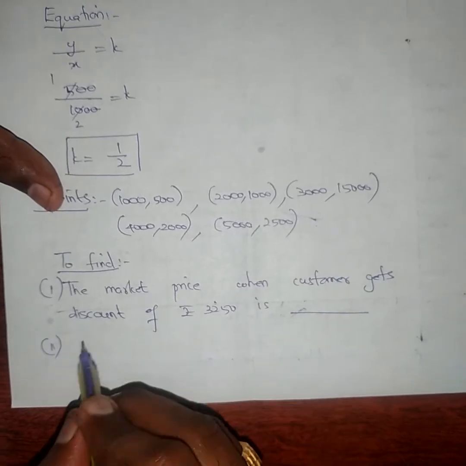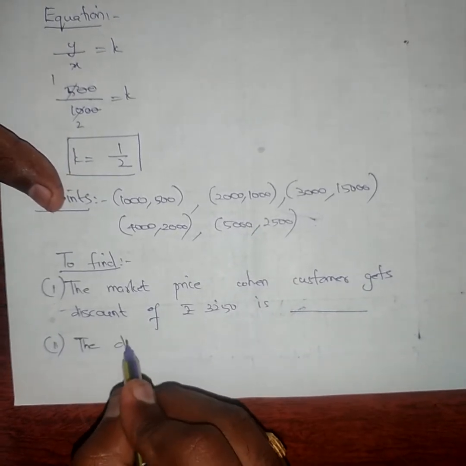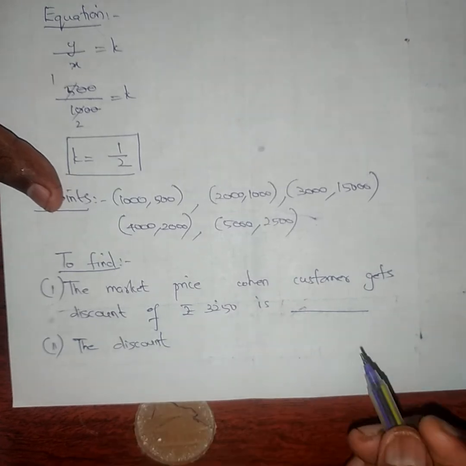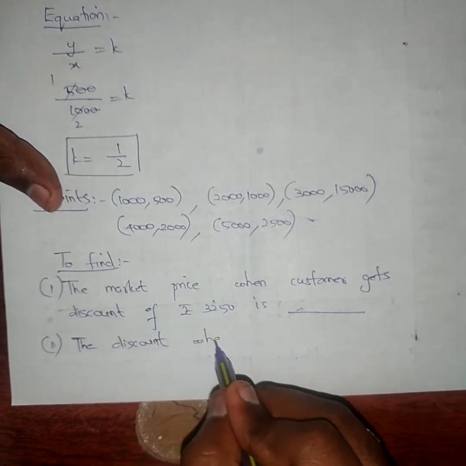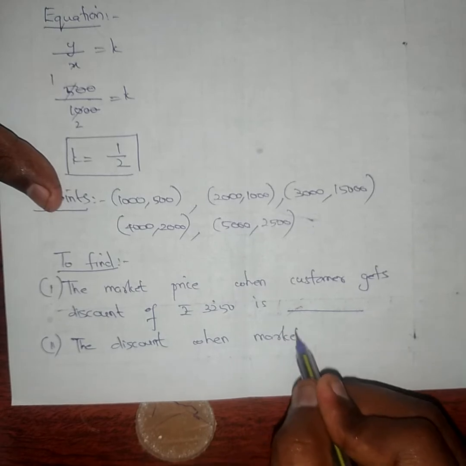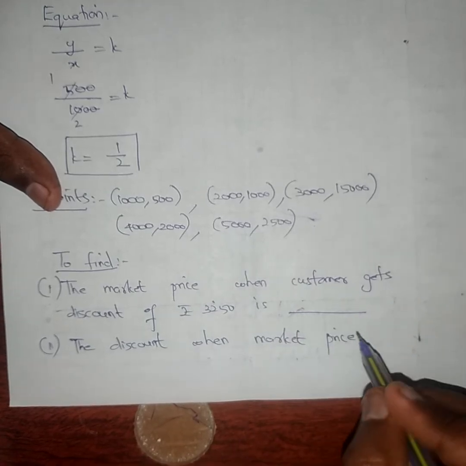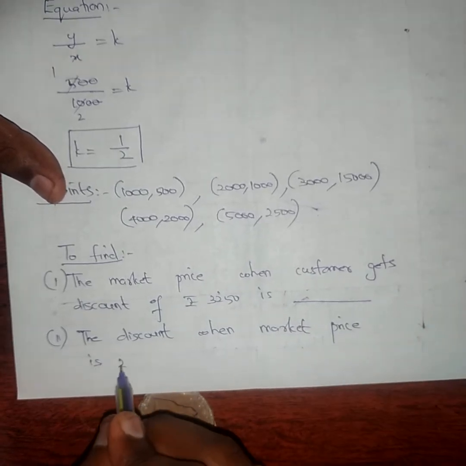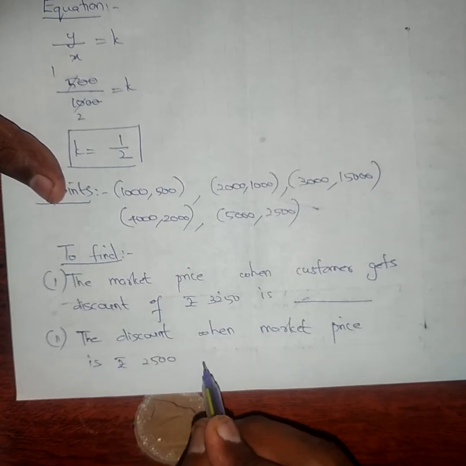Second subdivision: what do you want to find? The discount when the market price is rupees 2,500.